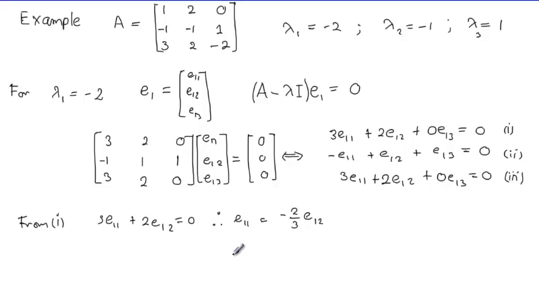We have minus, brackets, minus 2 over 3 E12, plus 3 over 3 E12, that is 1 E12, equals to minus E13, that is from equation 2.